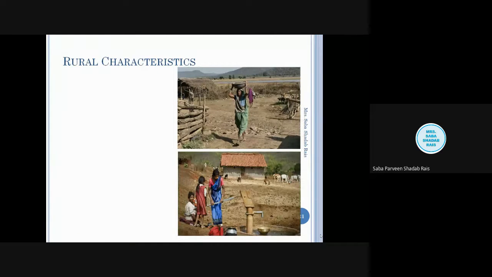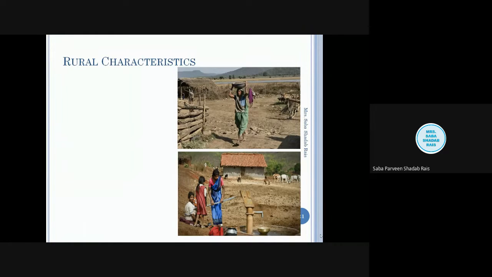When we think about the rural area, many of you might have your native place as a village, right? But for any reason your parents might have migrated to the urban areas, as we all are staying in the urban area. When we feel the touch of the rural area, we feel just wow, right?